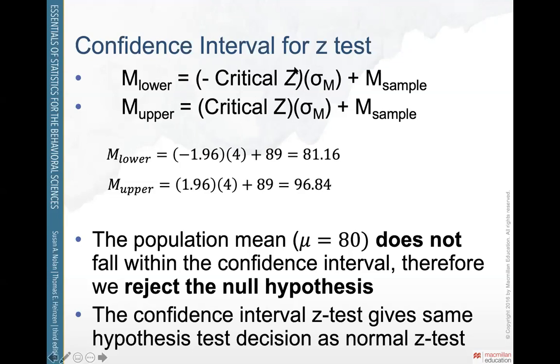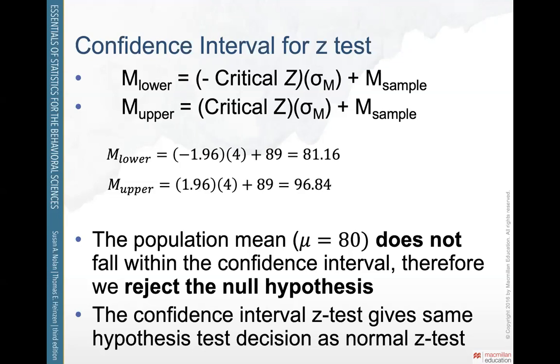The book just says z right here, negative z and positive z, but that's confusing because when we're doing these hypothesis tests, we always have the z that corresponds to our sample mean, but we also have the critical z's, which mark the boundaries into the critical region. And when you're looking at the formulas in the book, it just says z, and so it's ambiguous. Are they talking about the z that corresponds to the sample mean, or are they talking about the critical z's?